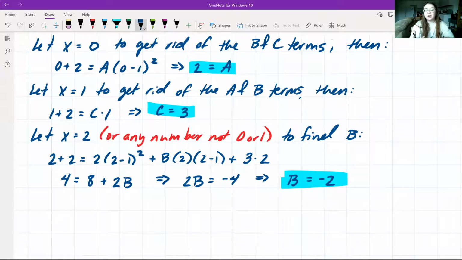All right, now that we found our values of a, b, and c, we can write them back into our original equation that we wrote out for our partial fraction decomposition and arrive at our answer.